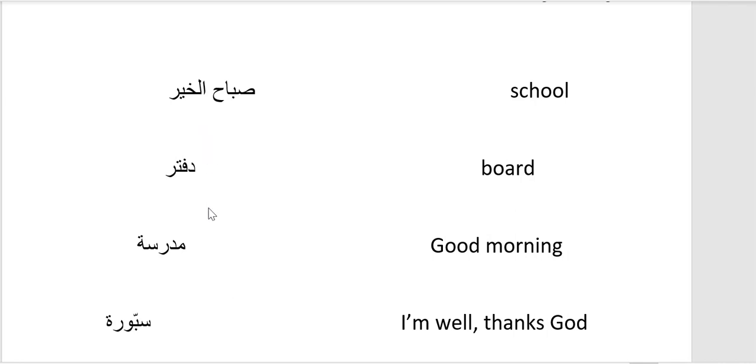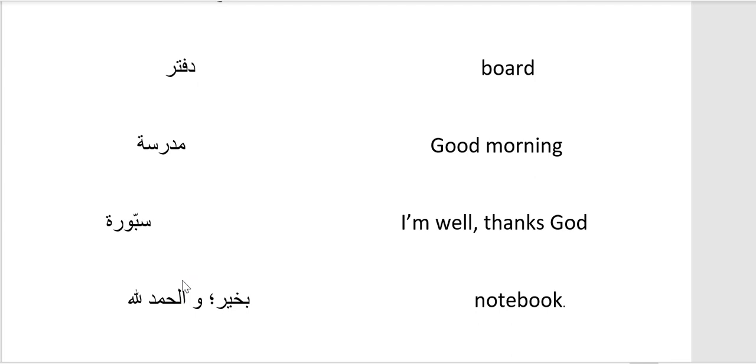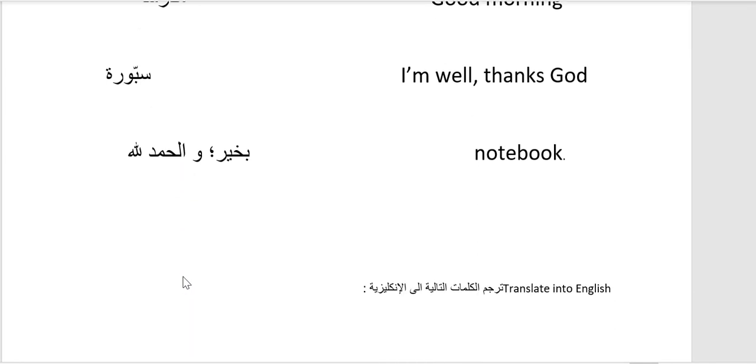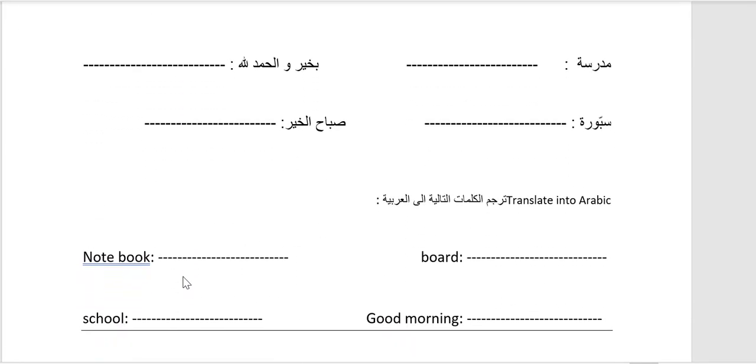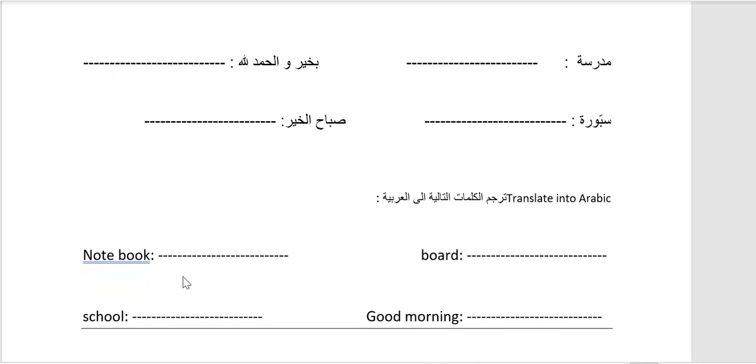Daftar, notebook. Madrasa, school. Sabura, board. Bikhair walhamdulillah means I'm well, thank you. Now you're going to translate these words into Arabic. You can stop the video now and then come back when you are ready.